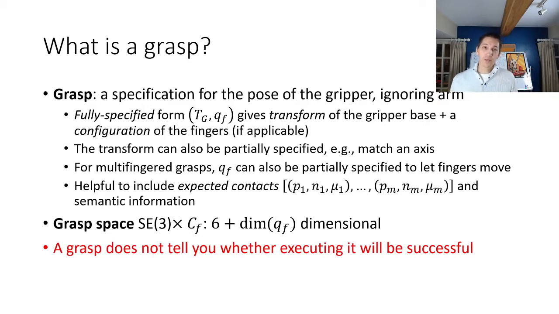Now, one important thing to realize is that the grasp does not tell you whether it's going to be successful once it's actually executed. You could have grasps that penetrate through a table, or the grasp could be far away from the object, but we're talking about a grasp space, and elements from the grasp space will then need to be evaluated to predict whether or not executing them will be successful.